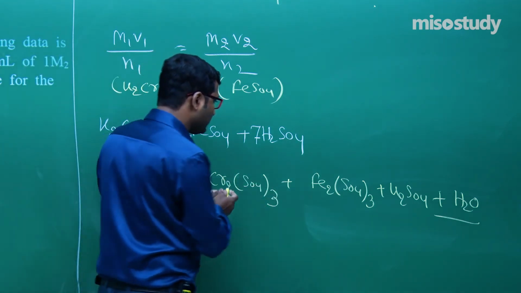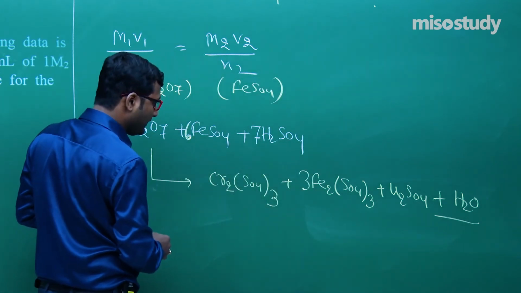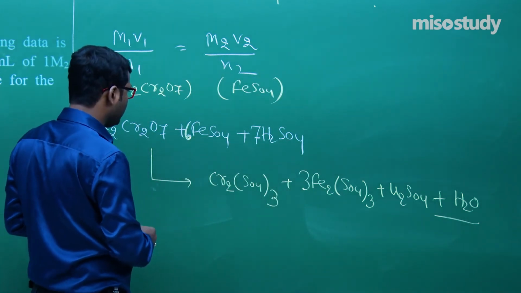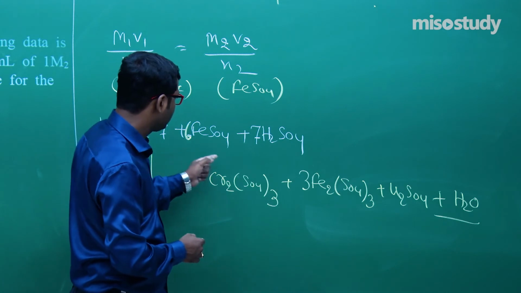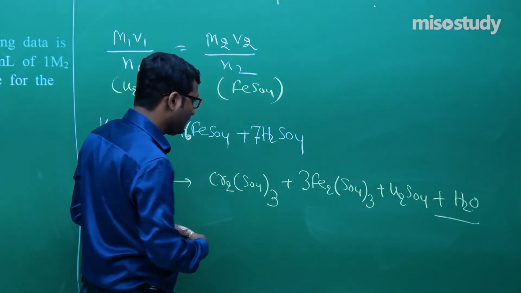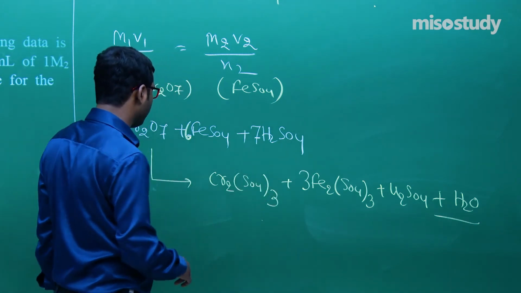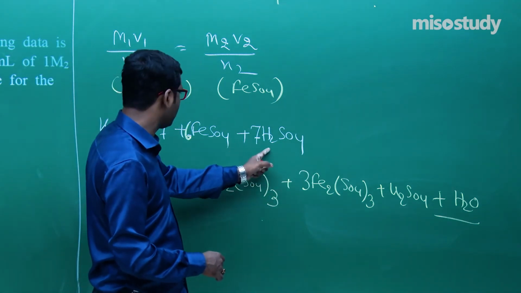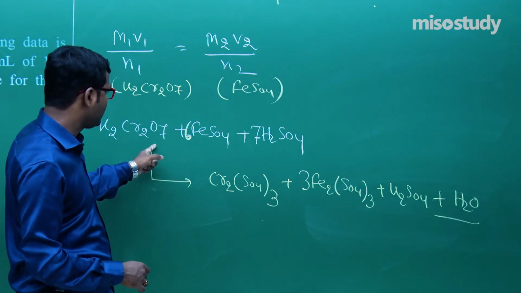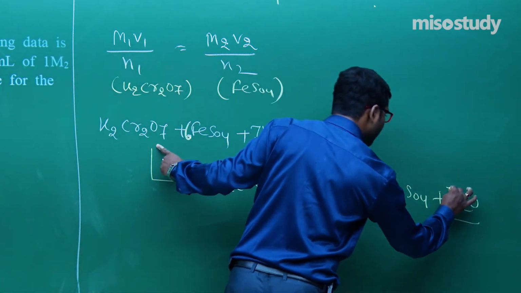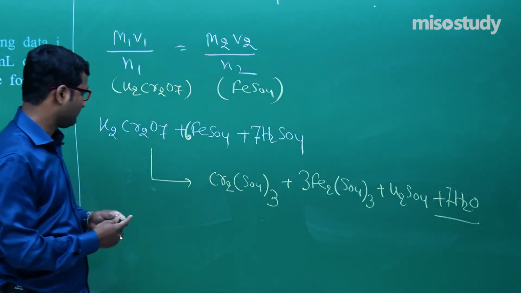Sulfate is 9 times, so 6 and 3 is 9, and 9 plus 4 is 13. Okay, sulfate is balanced. Hydrogen is 14, and oxygen is 7, put here 7. Now this is a complete balanced reaction, as I think.